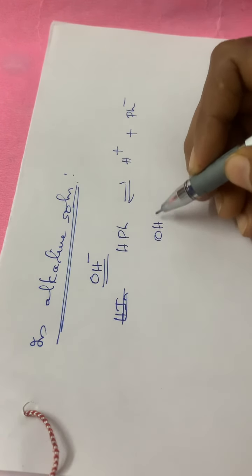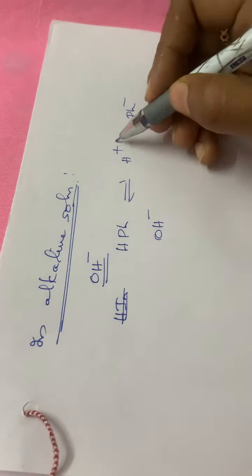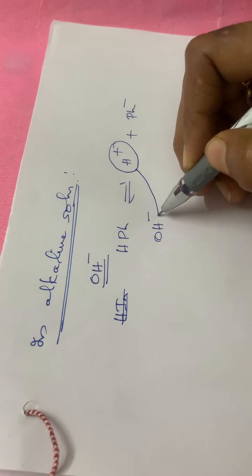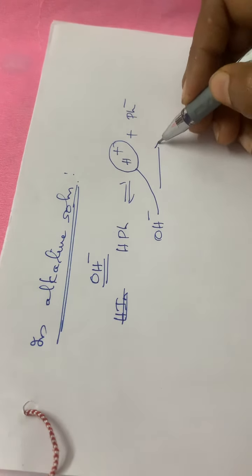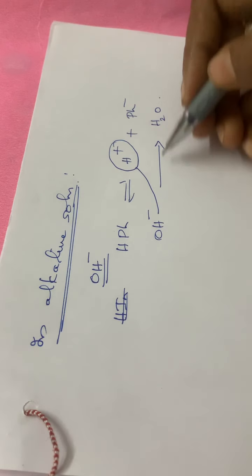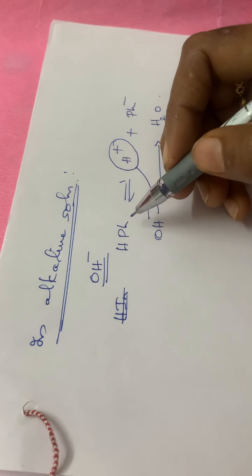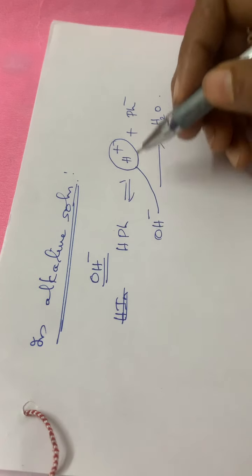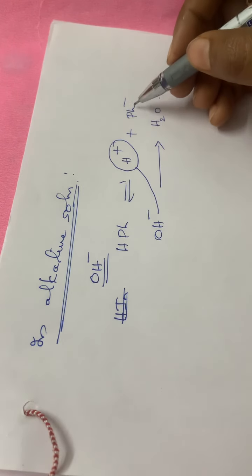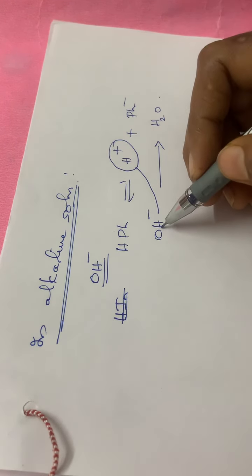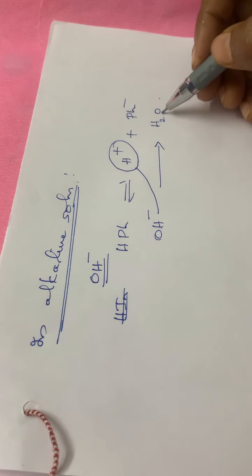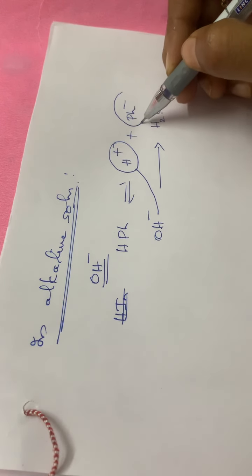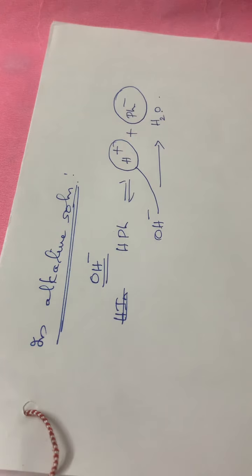Again, due to the presence of excess OH minus, this H plus will be joining with OH minus to form water. So more of the phenolphthalein indicator will be ionized to form H plus and pH minus. Again, H plus will be removed by combining with OH minus to form water. So the remaining solution will have pH minus ions.